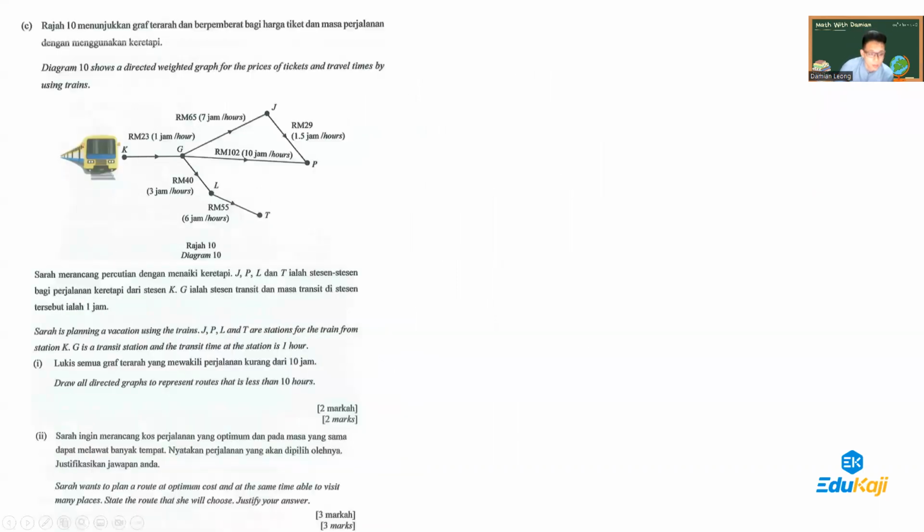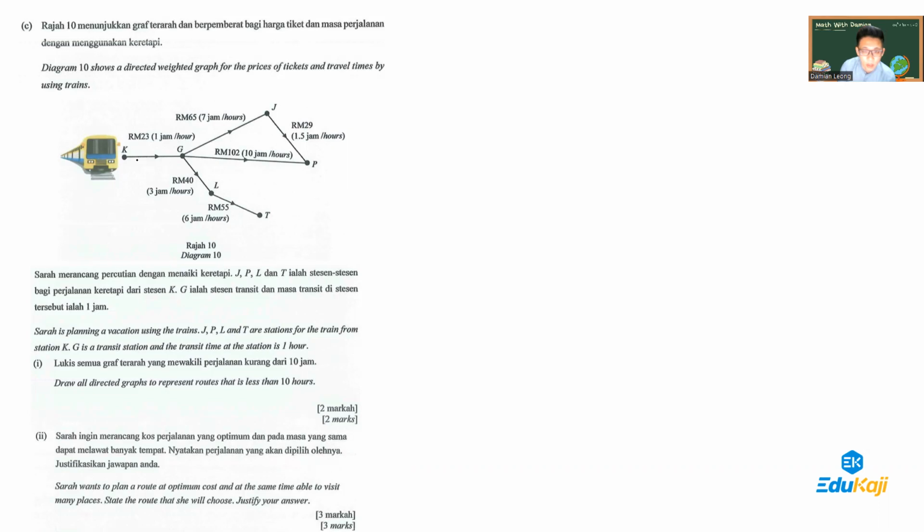Then part C. I have the diagram here. I want to draw the directed graph to represent the routes that take less than 10 hours. So I want to go from here, K and G. Sorry, G is a transit station.